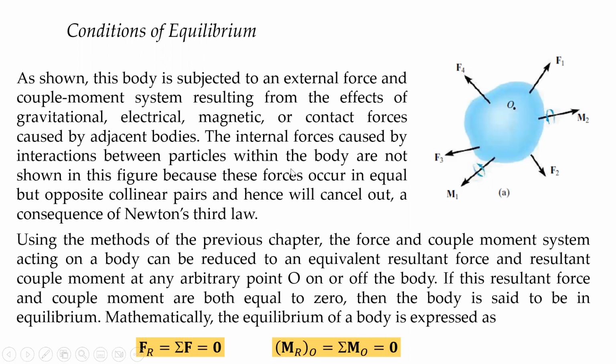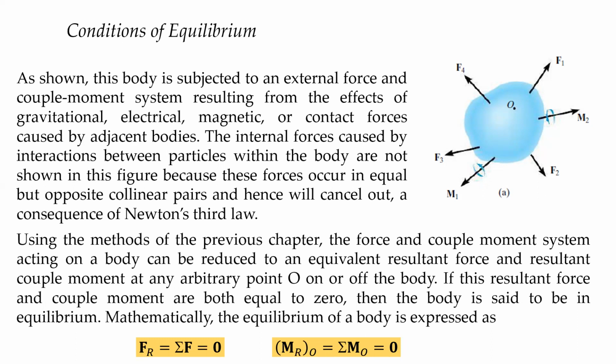Now, as shown, this body is subjected to an external force. This rigid body on the right side, the blue one, is not just subjected to an external force, but also to a couple moment system resulting from the effects of gravitational, electrical, magnetic, or contact forces caused by adjacent bodies.